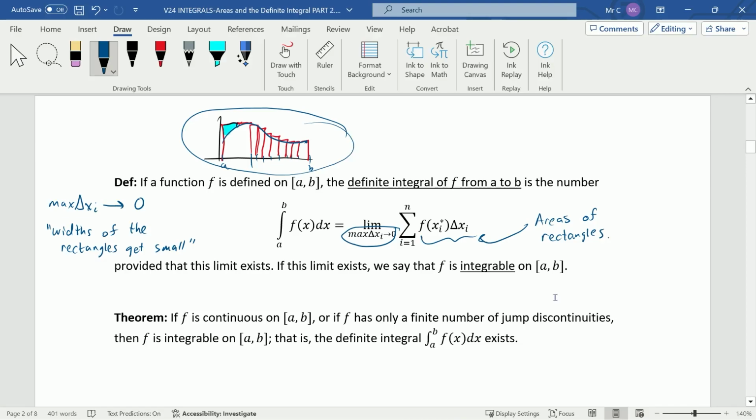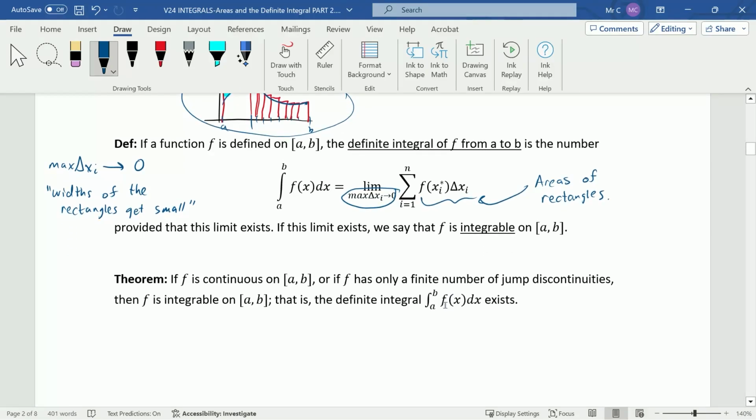We're not going to get into some of the weirder cases where an integral doesn't exist for a function. Some of that is really outside the realm of this class. But we do have a nice theorem that tells us when this limit exists. This is really important because we know from limits early on, when we were dealing with two-sided limits, limits from the left and right, that for the limit to exist, both the left and right-hand limits had to be equal.